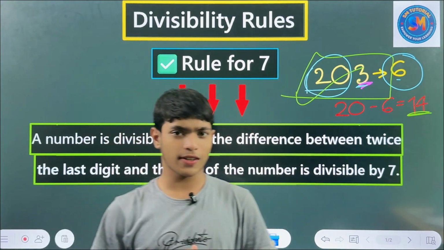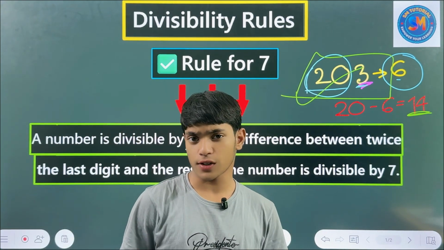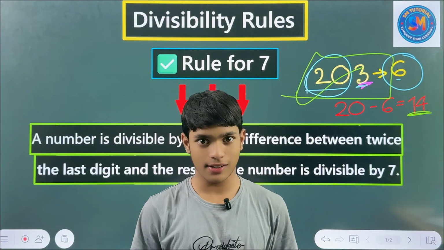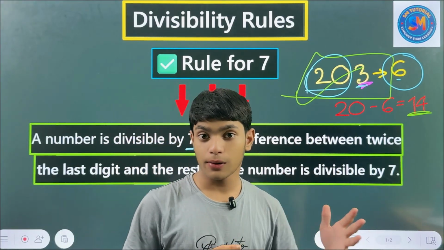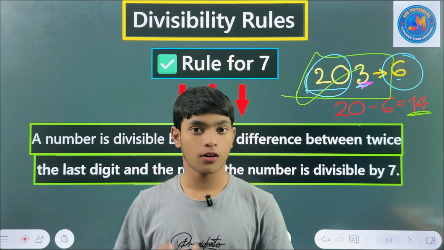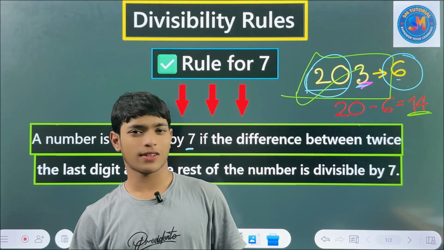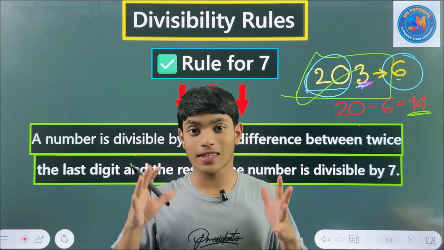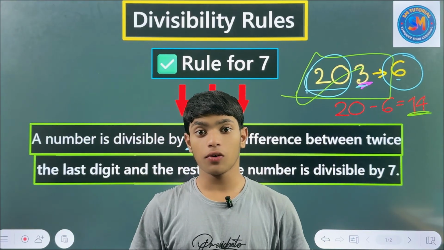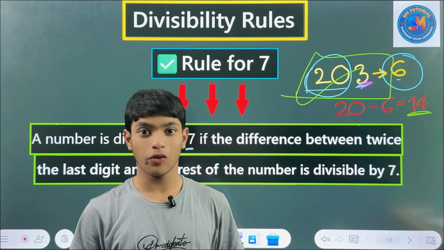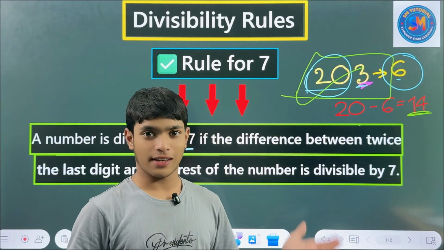Okay, so this was a very interesting and, of course, a little tricky way to find the divisibility of 7. This was the last part of our divisibility rules, and in the next part we will solve problems.